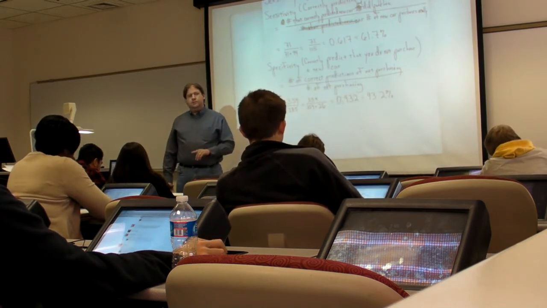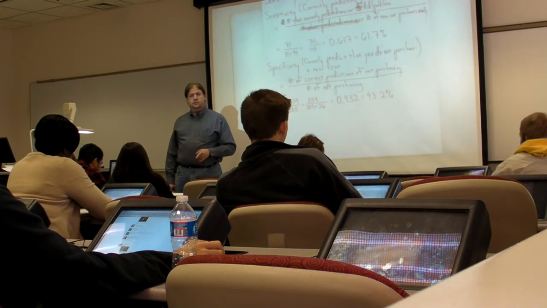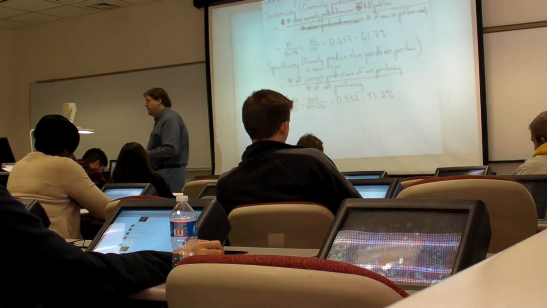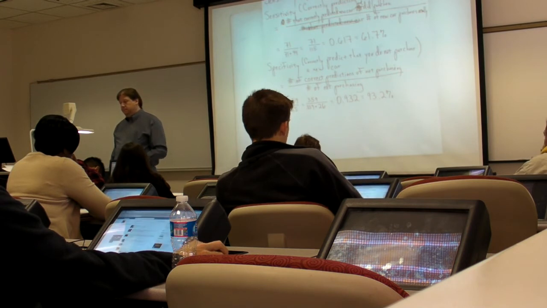It's not quite as good at predicting the people who do purchase, but it's doing a good job of predicting those who won't. Okay? Because if it says you won't, 93% of the time, you actually don't purchase a new vehicle. Any questions here?